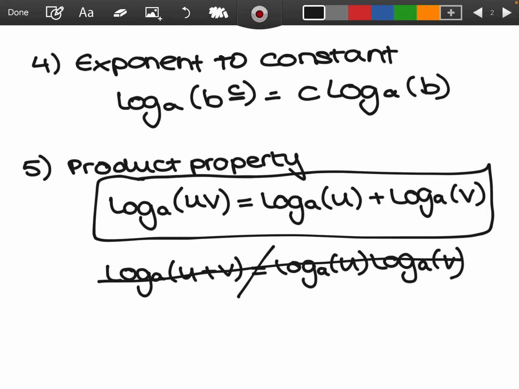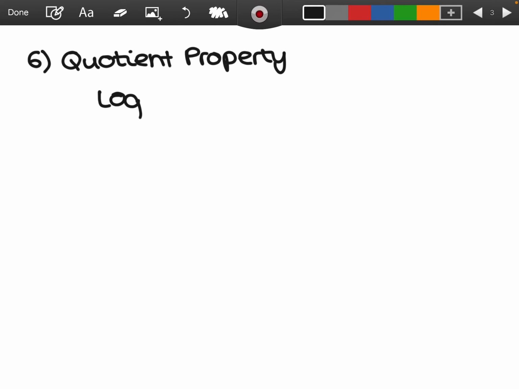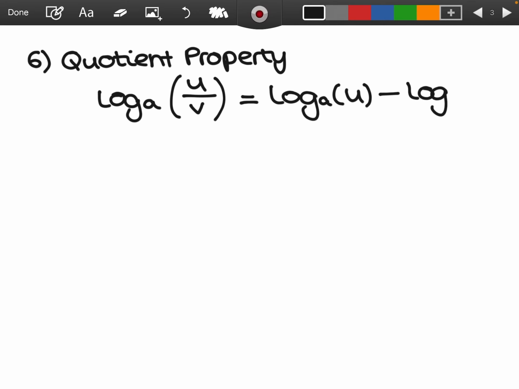Okay. And like I said, the last one that we have is called the quotient property. And again, make sure that you get this the right way around. We're doing the logarithm base a of u divided by v is equal to log base a of u minus log base a of v.